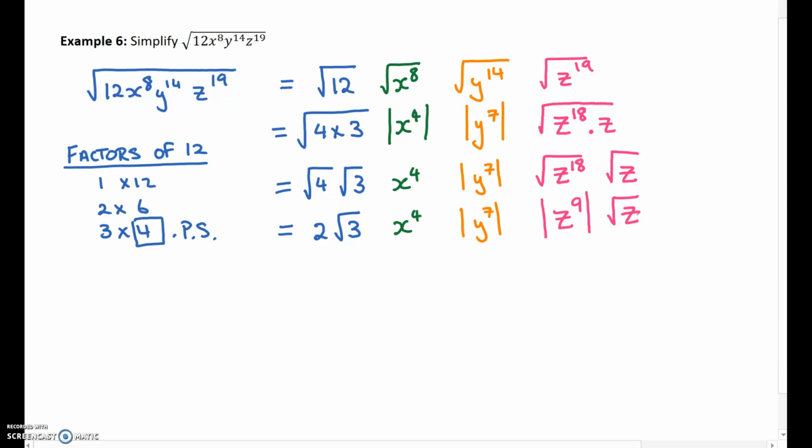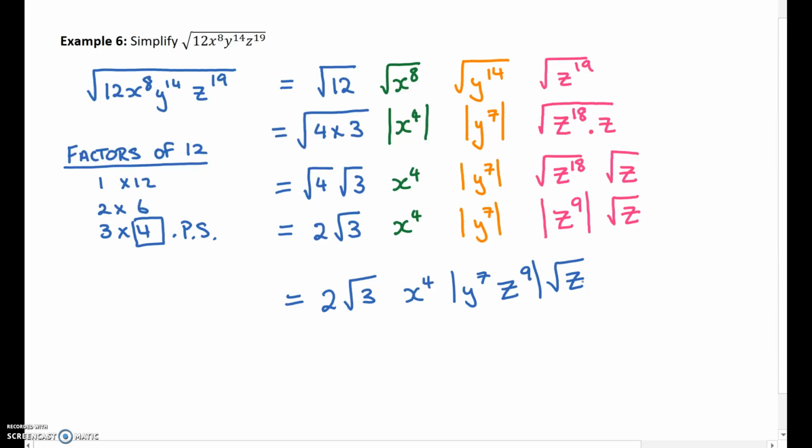Now if you want to, you can put everything together again, but it's not going to look great. You would have 2 root 3, z to the 4, the absolute value of y to the 7, and you can combine these into one absolute value term if you want. Z to the 9 by root z.